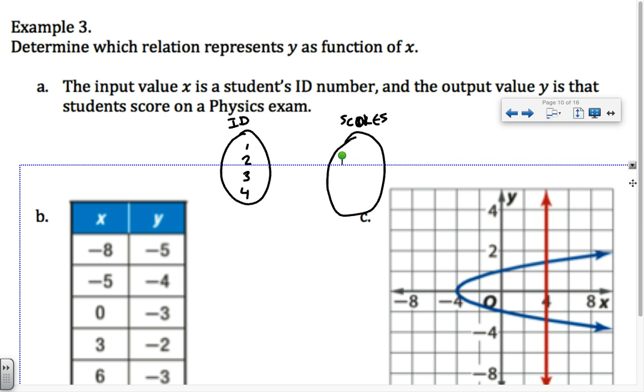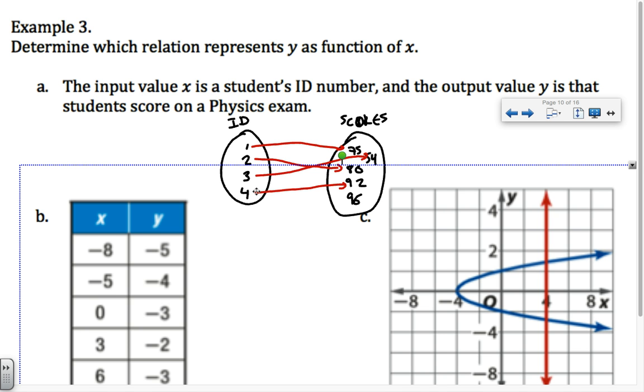I can have some scores like 75, 80, 92, 96, 54, and I can say, okay, student 1 got a 75, student 2 got an 80, student 3 got the 54, unfortunately for him, and student 4 got the 92.